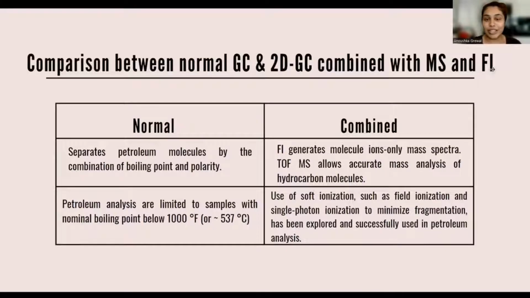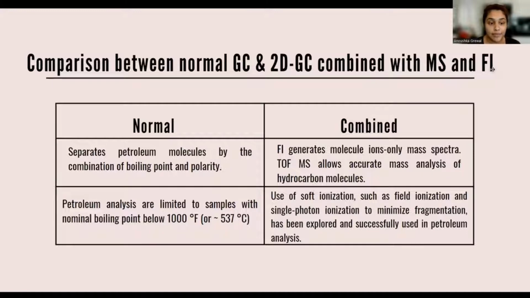Hi, madam. I will be talking about the comparison between normal GC and 2D GC combined with MS and FI. Normal GC basically separates petroleum molecules by a combination of boiling point and polarity, while in the combined method, FI generates molecular ion only mass spectra, and the MS allows accurate mass analysis of hydrocarbon molecules.